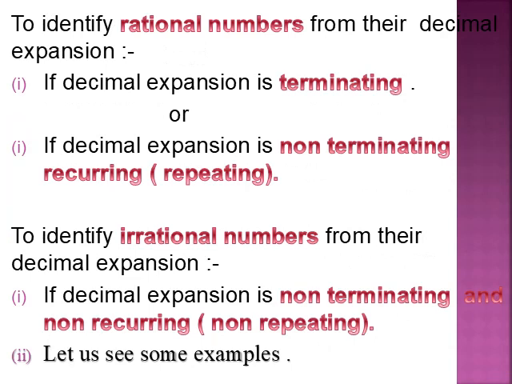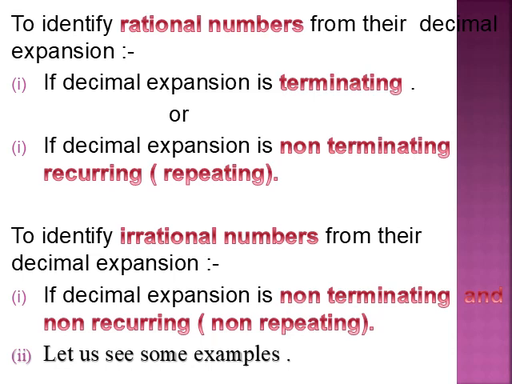Now, to identify rational numbers from their decimal expansion: if the decimal expansion is terminating, means the remainder is 0, or if the decimal expansion is non-terminating and recurring, means repeating, then the given number is a rational number. And if the remainder is not 0 and the digits are repeating, that is recurring, then that number is also a rational number.